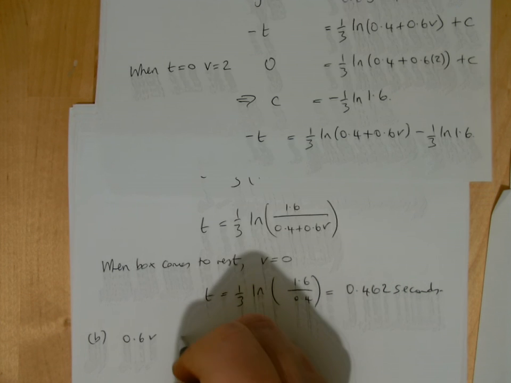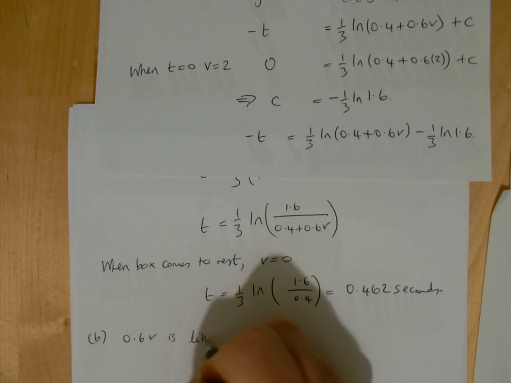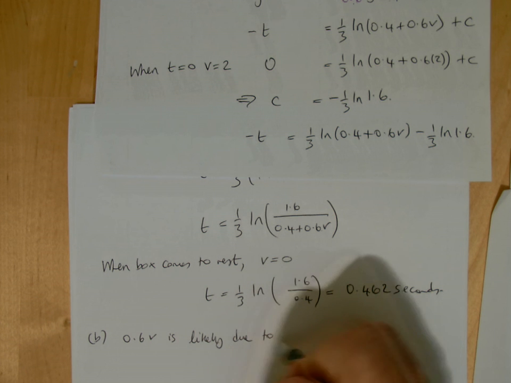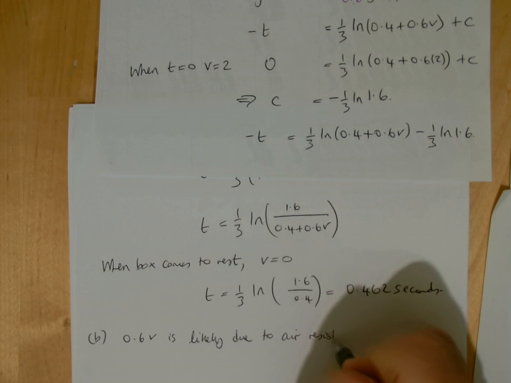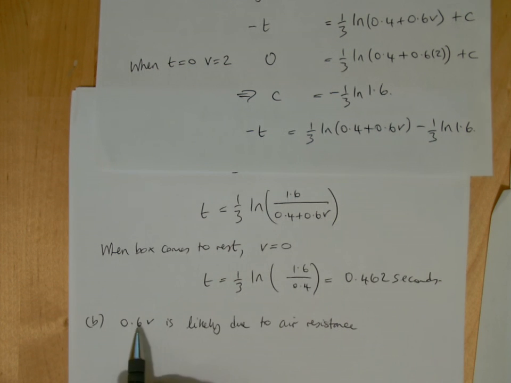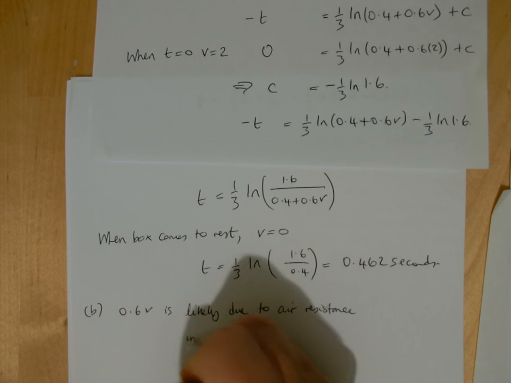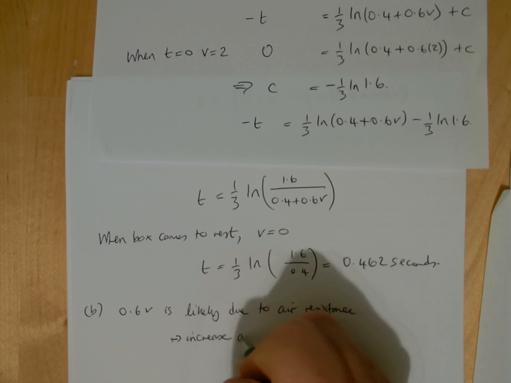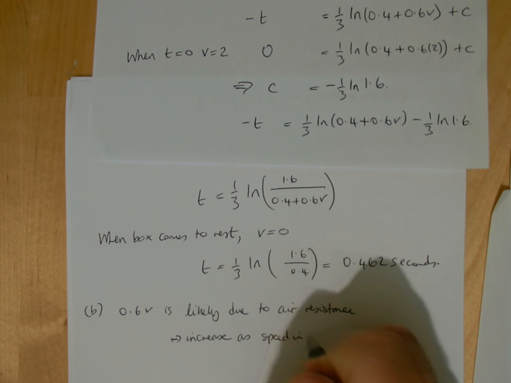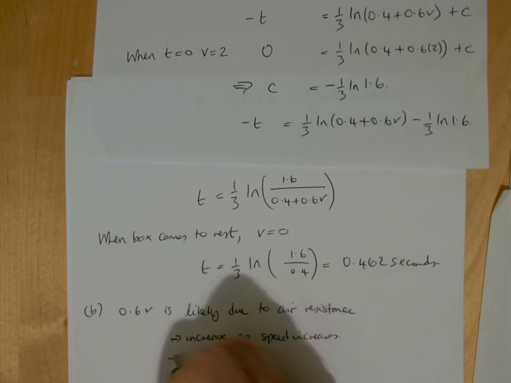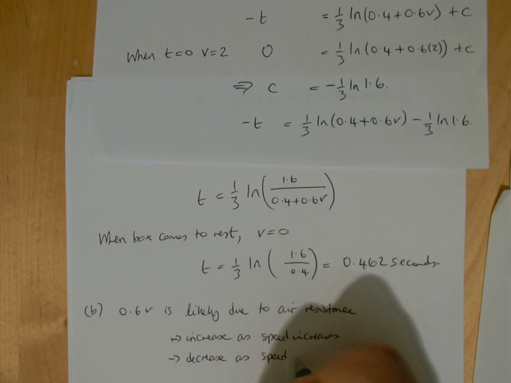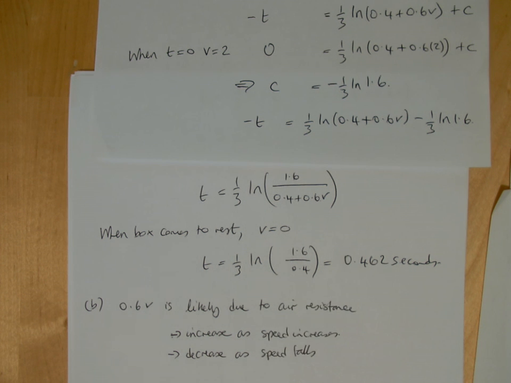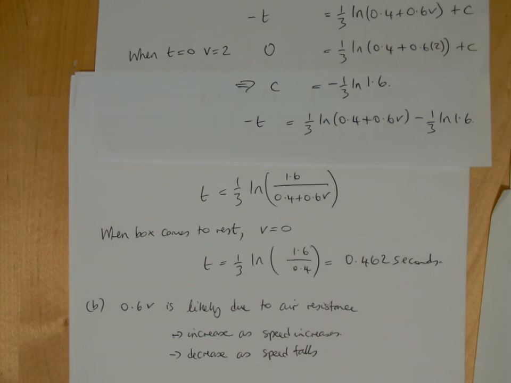So 0.6v is likely due to the air resistance, because it will increase as the speed increases, and conversely, the value will decrease as the speed falls, which is consistent with experience, isn't it? Think about when you go out for a run on a windy day, it's harder. There's more air resistance as you go faster.